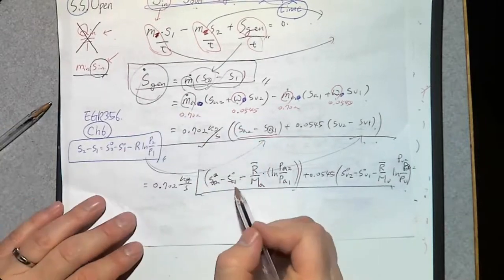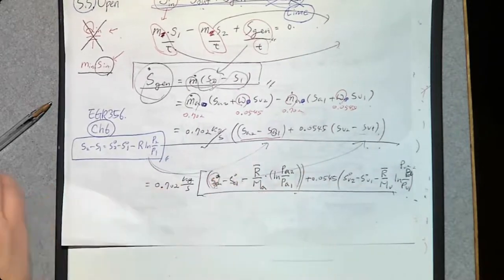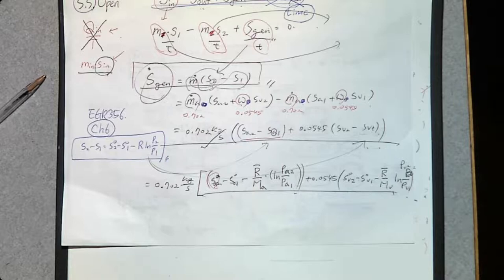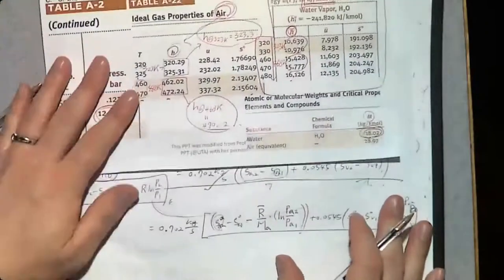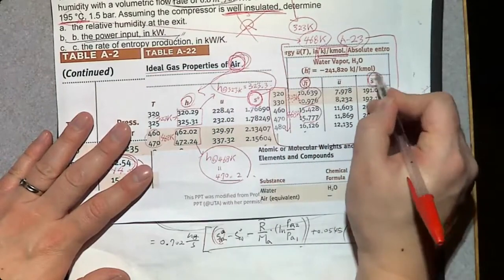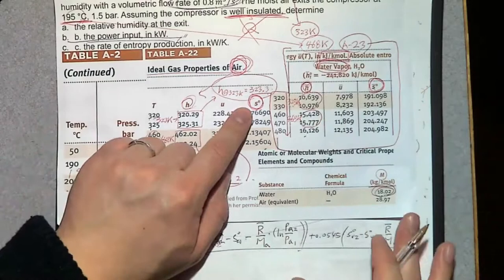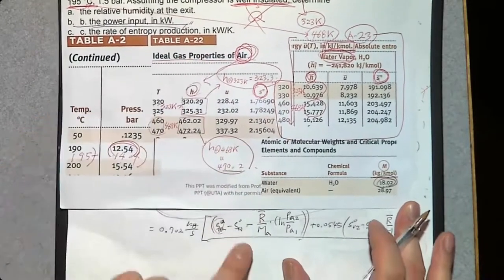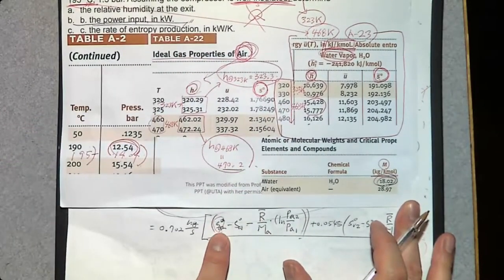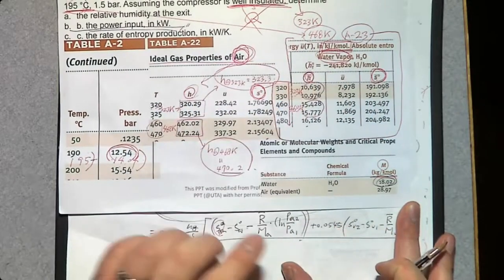So how can we determine S degree for dry air? If you go back to this problem statement, there's a S degree for dry air. There's a S degree bar for water vapor. So we can use this equation and use this table to evaluate S degree for dry air. We can use this table to evaluate S degree for water vapor.